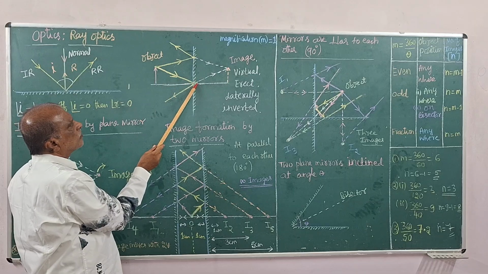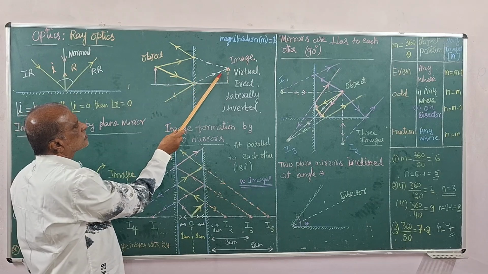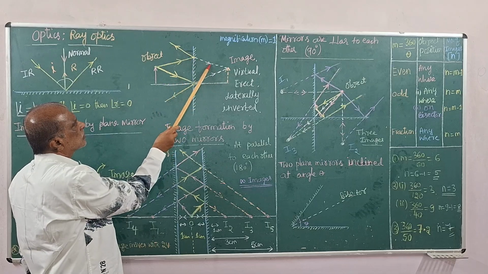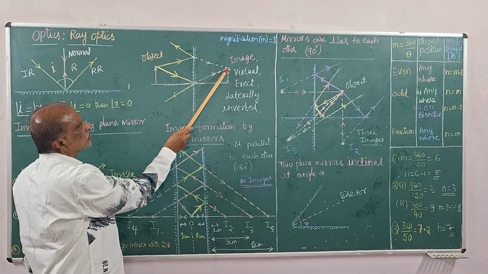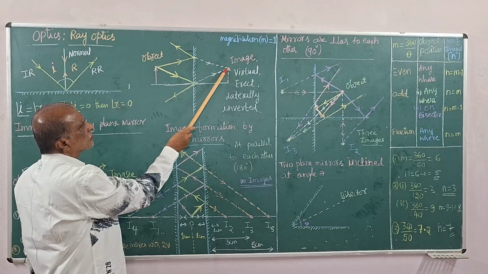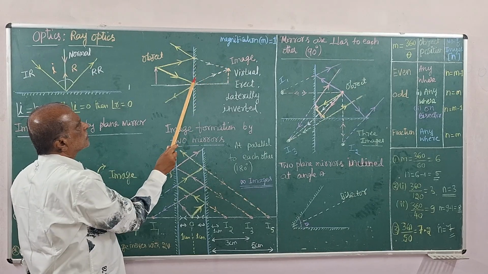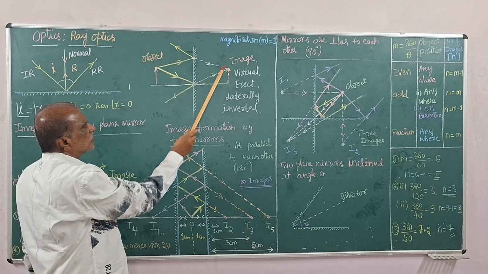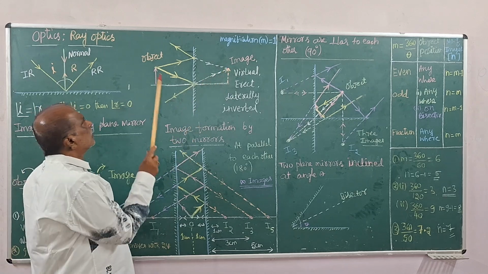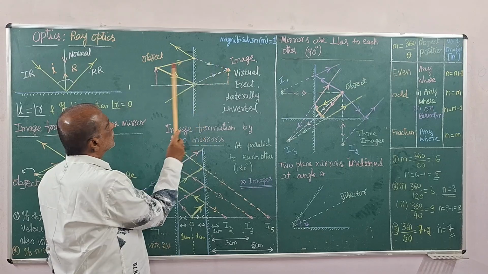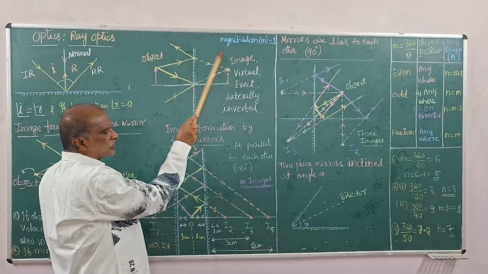When you look at the divergent lines, extending them in the backward direction, all of them intersect at this point. Any lines like this intersecting at this point indicates that this point of the object is visible at this point. Same distance, same size.